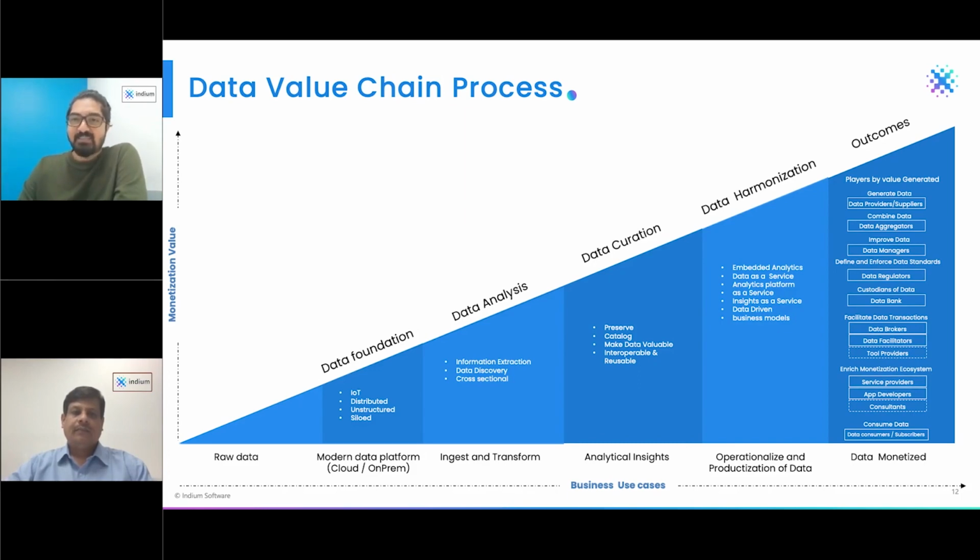The final step is where we say the outcomes. These outcomes, like we discussed, are internal as well as external. So some of the data sets you use for internal purposes. Some of the data sets can very well be monetized externally. You find who your customer is, who your buyer is, and ensure how this data can benefit them.